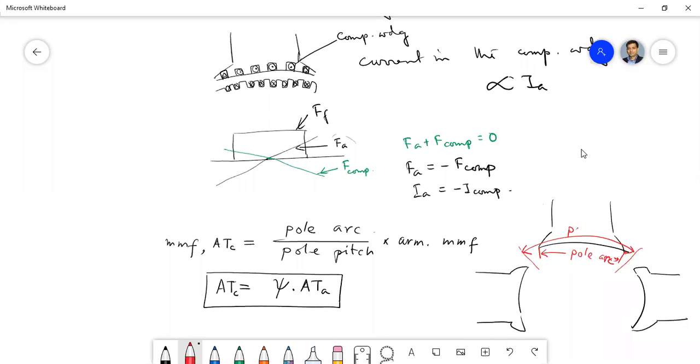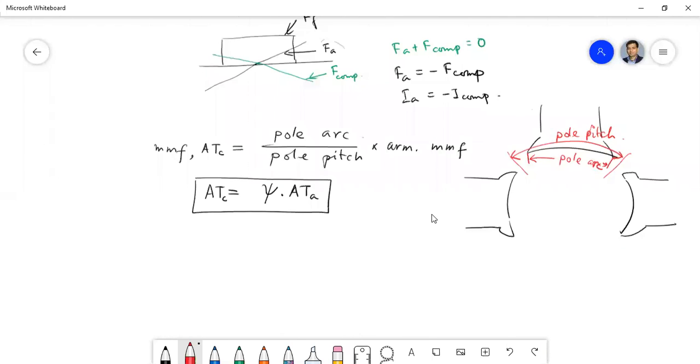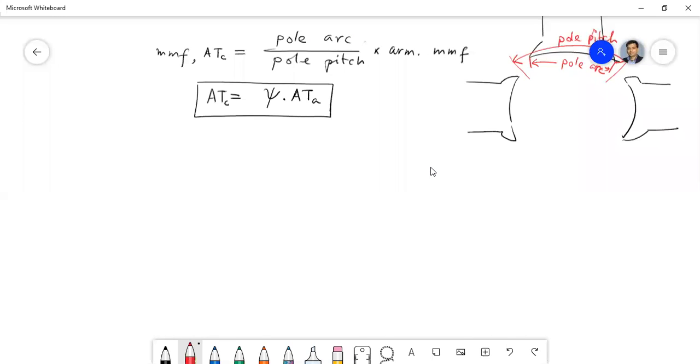So this is called the pole pitch. So this ratio is generally denoted by psi, and psi generally has values of 0.67 or 0.66, like that. Anyway, this is all about this compensating winding. I'm not going into those details.